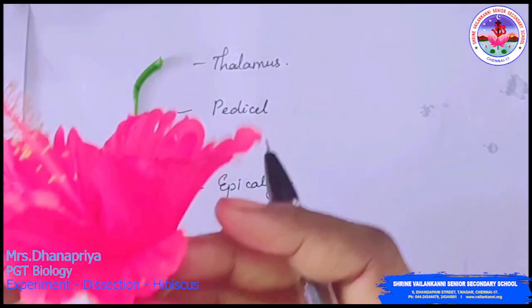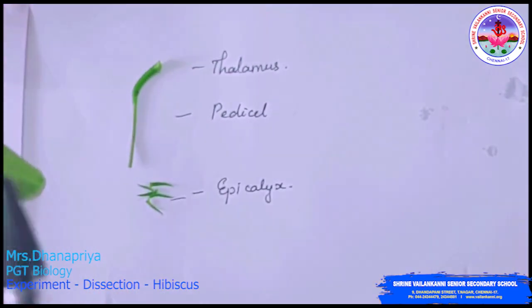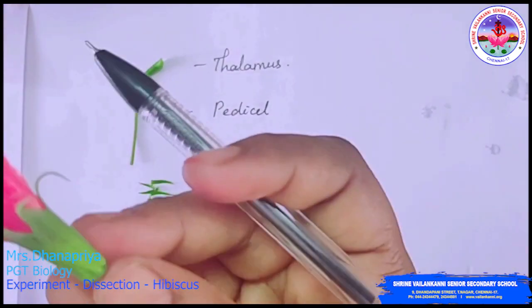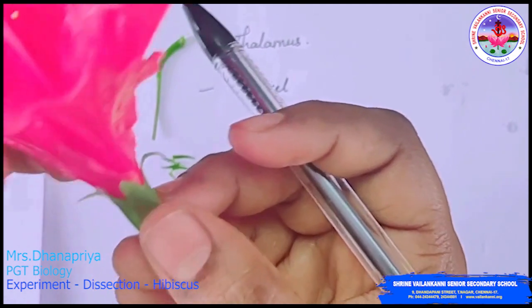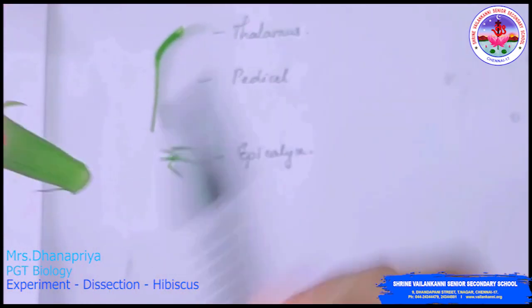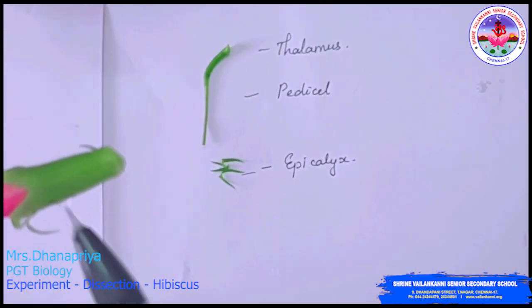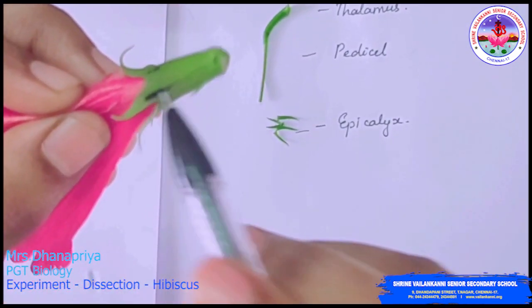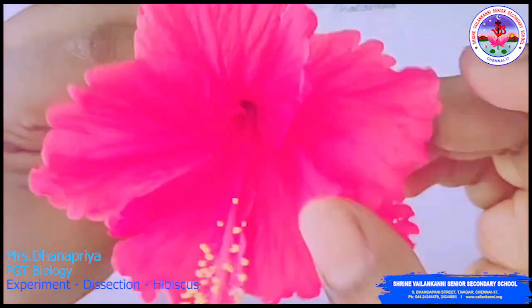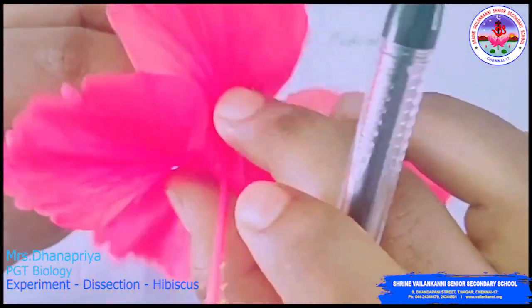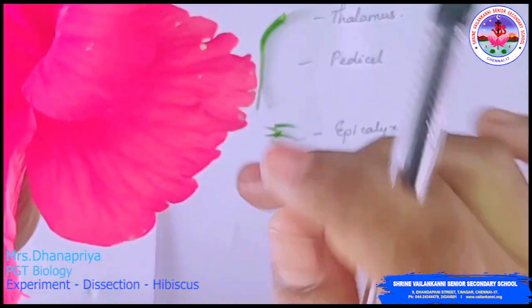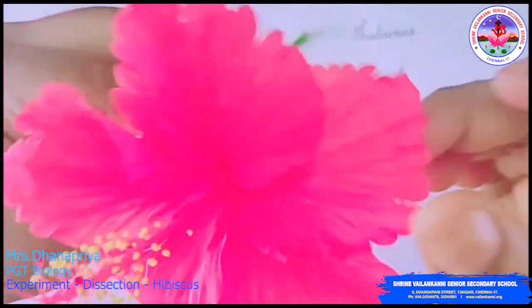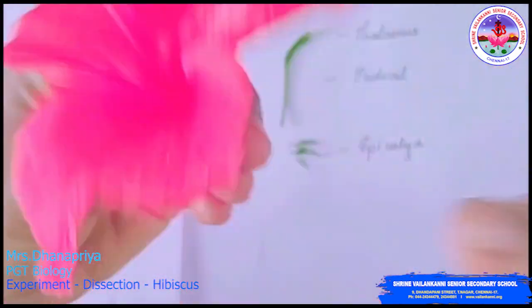Now I will show you what is the calyx. Here you can see the green color, right? This is called the calyx. When you count the calyx, 1, 2, 3, 4, 5. Based on the calyx, there will be the same number of corolla also. 1, 2, 3, 4, 5.